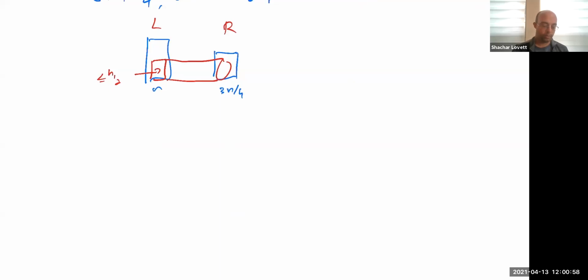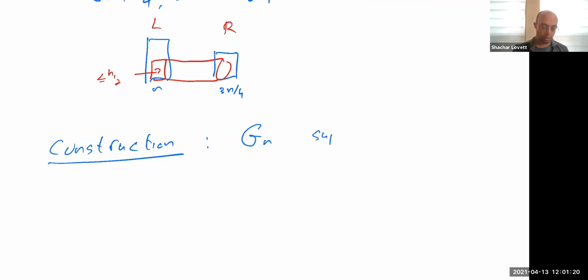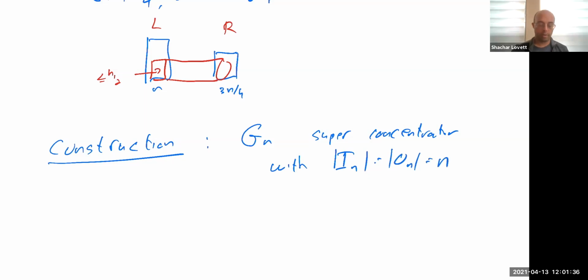I want to show the construction. We're going to construct G_n, a super-concentrator with n inputs and n outputs, and we're going to do it recursively.